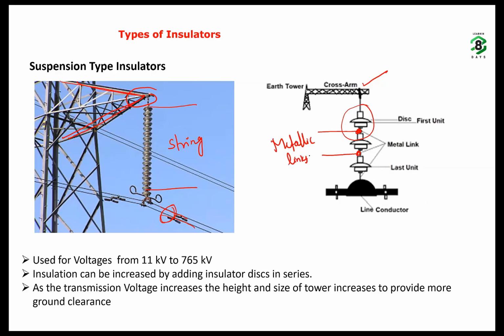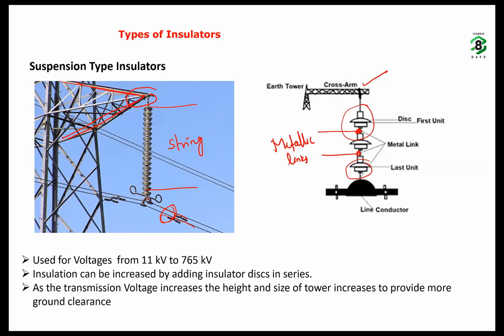This is the line conductor, and this is the last unit that is connected to the conductor. These suspension type insulators can be used for any voltages from 11 kV to 765 kV.